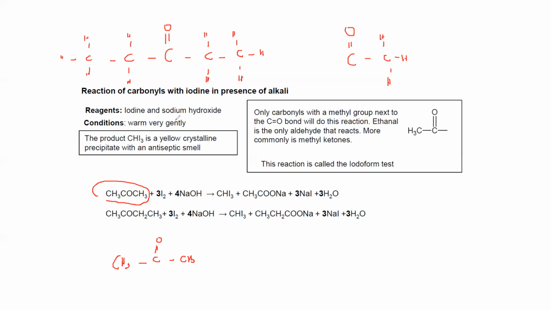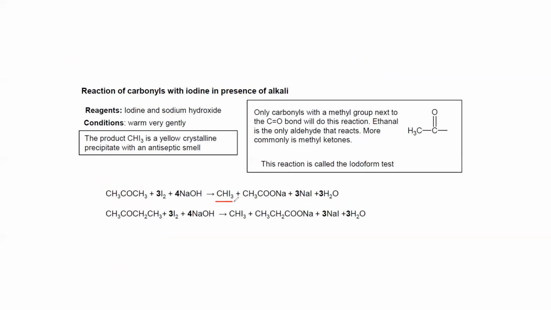When you warm this with sodium hydroxide and iodine, it forms triiodomethane. One of the CH3 is removed and iodine is added, so it will form triiodomethane plus sodium ethanoate plus sodium iodide and water.